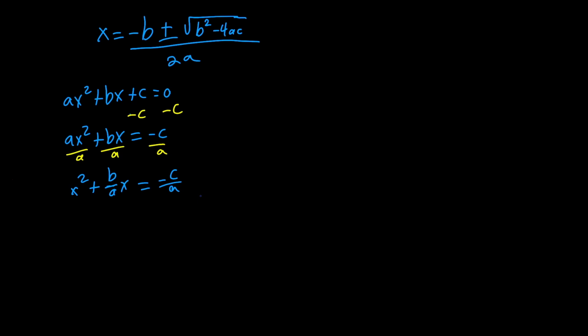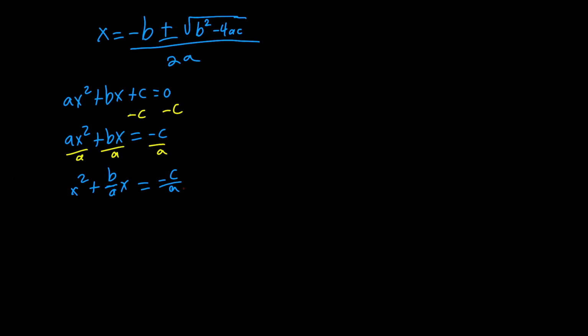For completing the square, if you remember, we take 1/2 of the b value, that's this value here, and then we square it, and that becomes the constant that we add in here to make a perfect square.